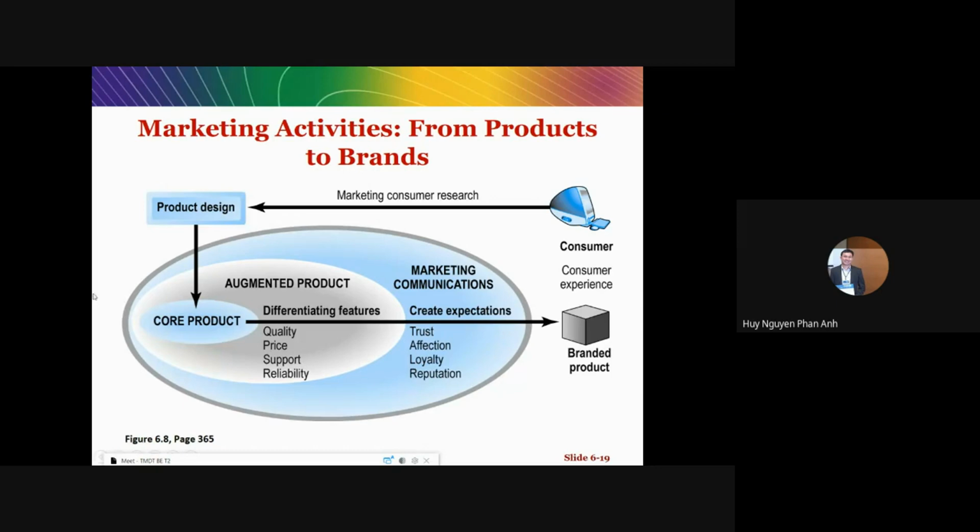For the quality, the price, support, most of the consumers are satisfied with the iPhones, and they create the trust and the loyalty. So when I bought iPhone 6, then I would like to buy the iPhone 12 as well, or iPhone 13. Okay, so it's to create a high reputation and branding. It takes years, right, or decades.